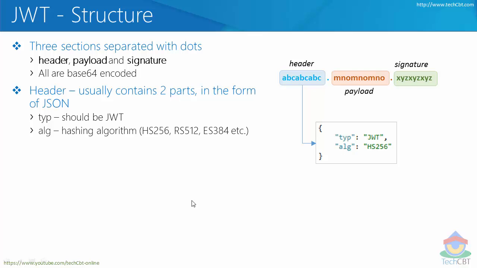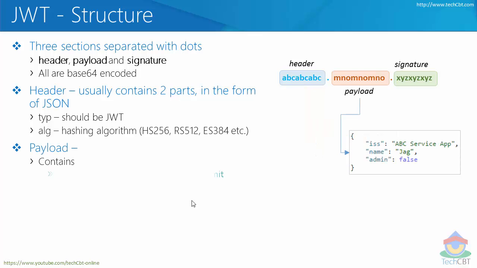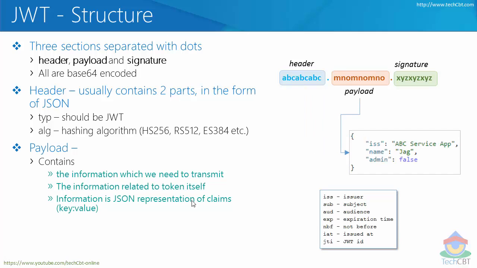Now that we understood something about the header, let us jump to payload. This is the information which contains all the necessary data which needs to be sent across from the server to the client or client to the server. All of the information, which includes the username, the roles, email, first and last name for example, can be made available as part of payload.